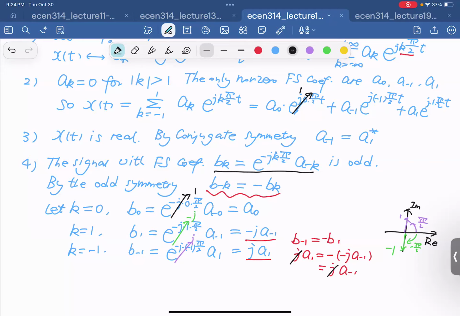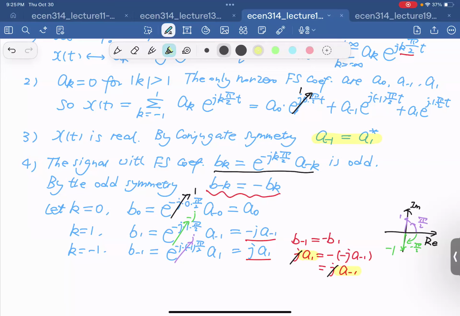Back then, we learned the first equality about a sub 1 versus a sub minus 1. They are complex conjugates of each other. Then we learned that they're actually equal to each other.